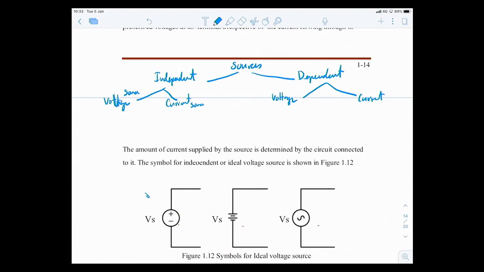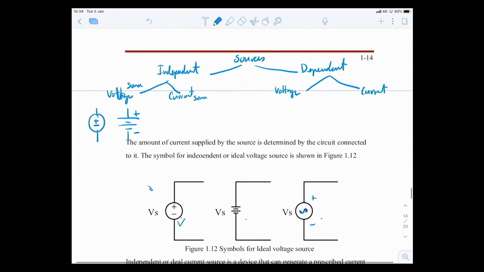They would induce a current such that it would keep 5 volt, and the symbol could be this, a circle with positive or negative inside, or this long and short lines where the long line is positive and the short line is negative. And if AC, sometimes you see a so-called sinusoidal wave inside the circle. This is an independent voltage source.